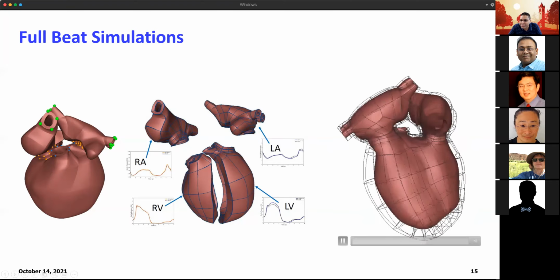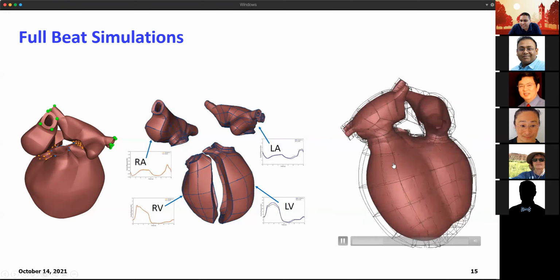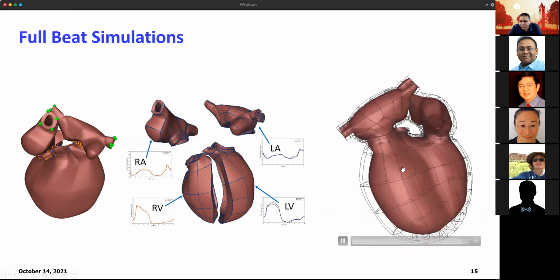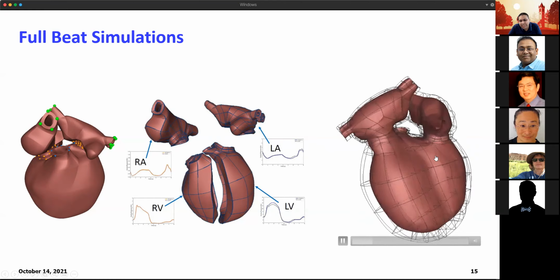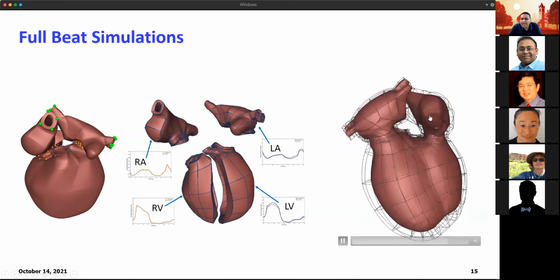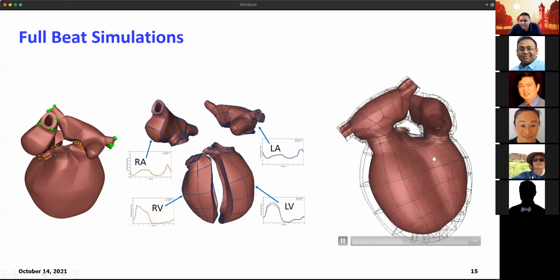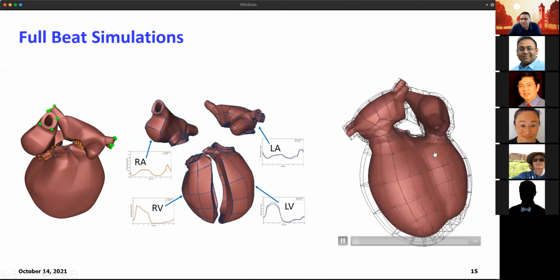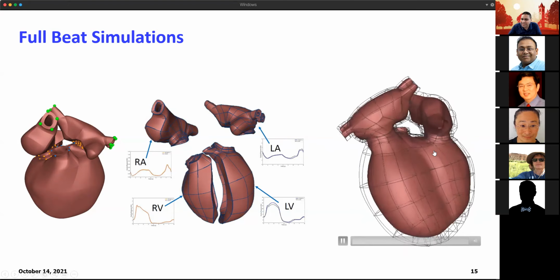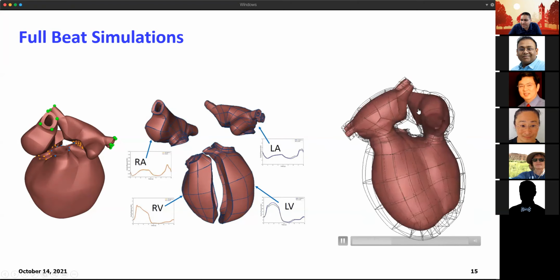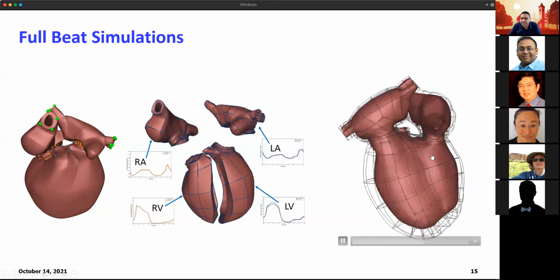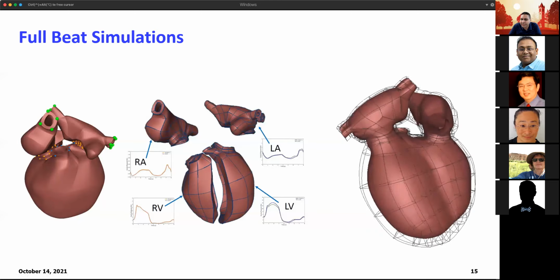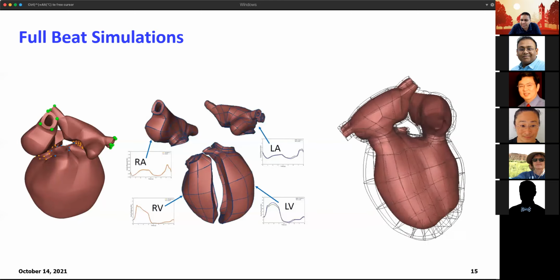So in this, you can see that this is the left ventricle, this is the right ventricle, and you can see blood comes in, fills up, and goes out. You also notice that there is a slight delay between the contraction of the atria and the ventricles, and we also model that to make sure that it's accurate in the actual simulation.